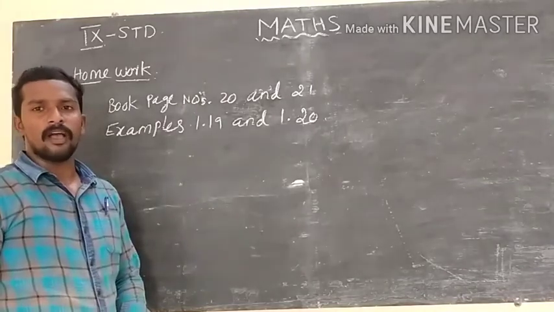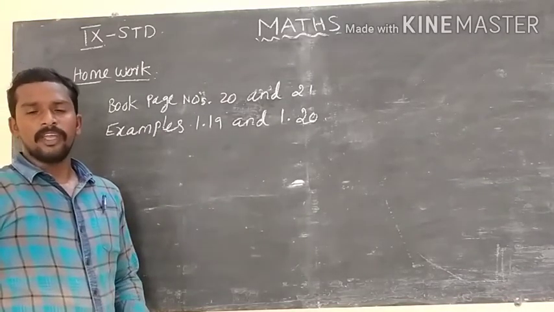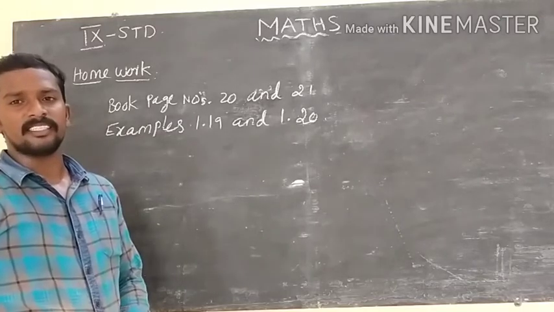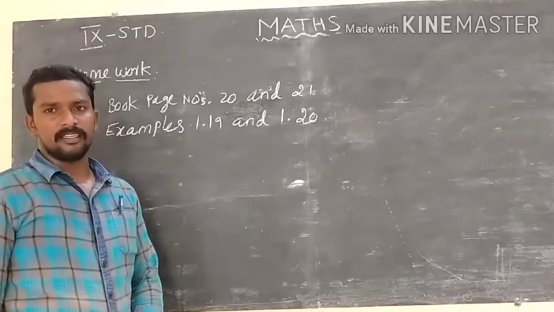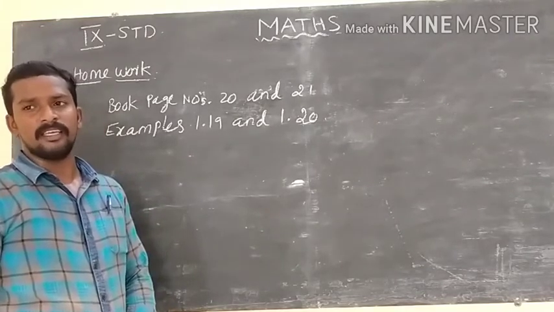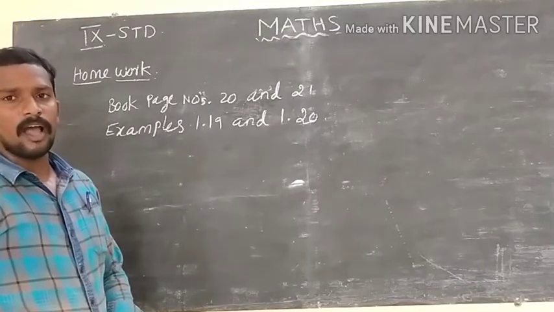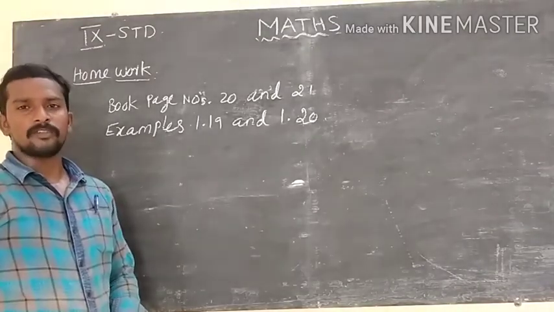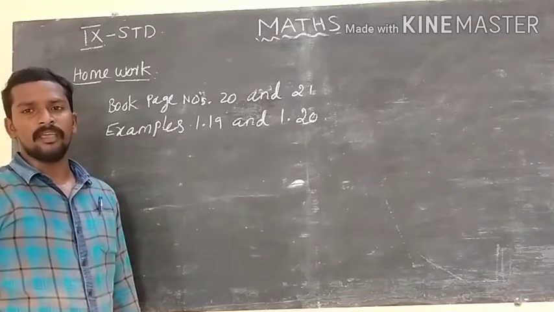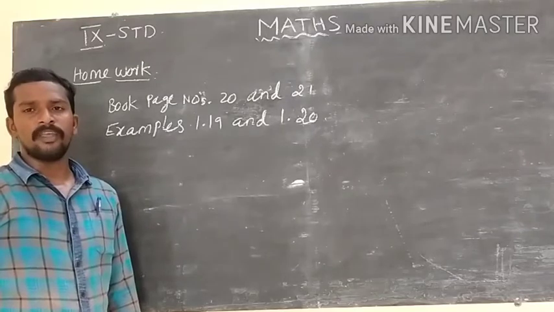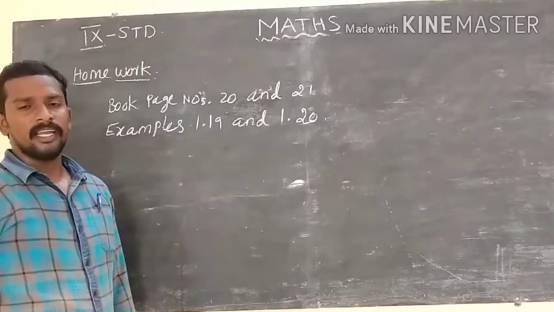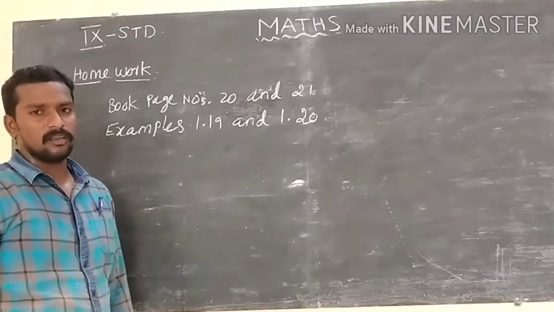The commutative property of union is A union B is equal to B union A, and the commutative property of intersection is A intersection B is equal to B intersection A. Then the associative property, for any three sets A, B, C: the associative property of union is (A union B) union C is equal to A union (B union C), and the associative property of intersection is (A intersection B) intersection C is equal to A intersection (B intersection C).